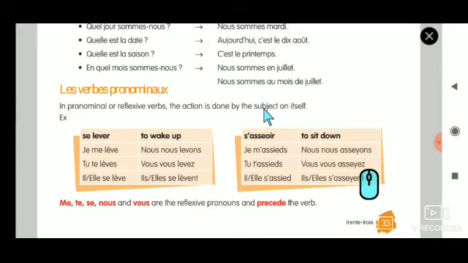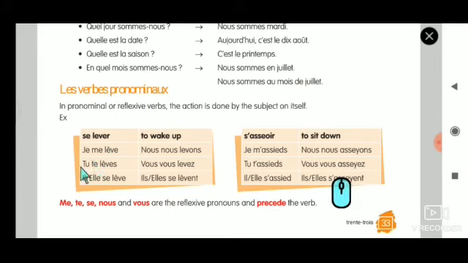Whatever actions you do for yourself are called les verbes pronominaux, or reflexive verbs. It is a reflection of you. Imagine you stand in front of a mirror and comb your hair. Whom are you seeing? Yourself or someone else? So it is a reflection.